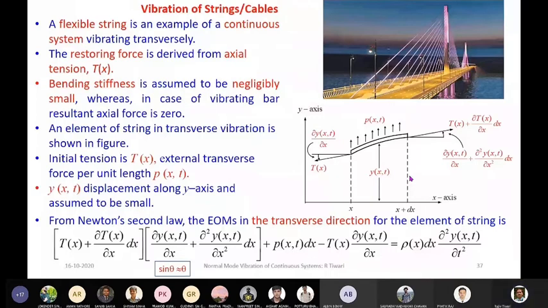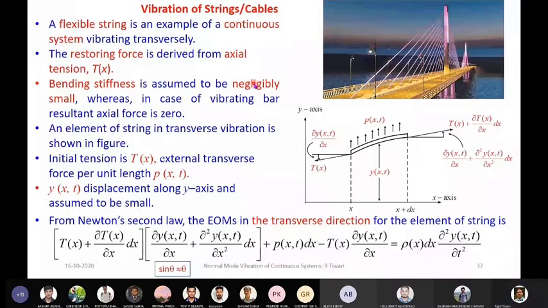So we will analyze this cable, how it gives vibrations to the bridges or any other structure. We are talking about vibration of a string, which is a continuous system because the weight of the string is appreciable.